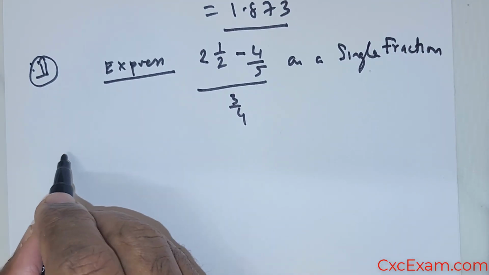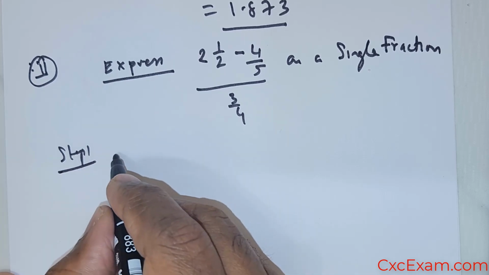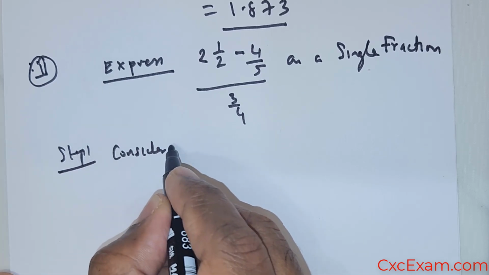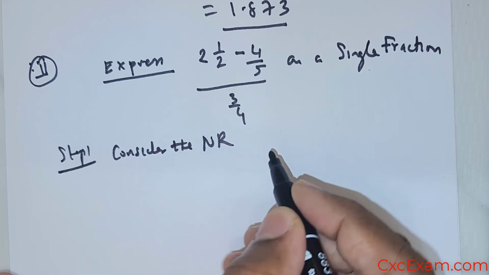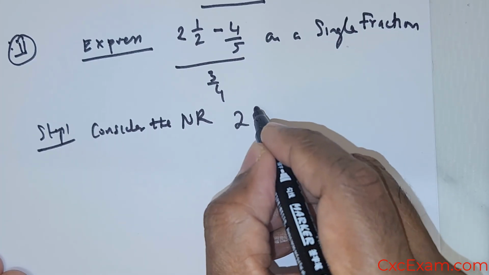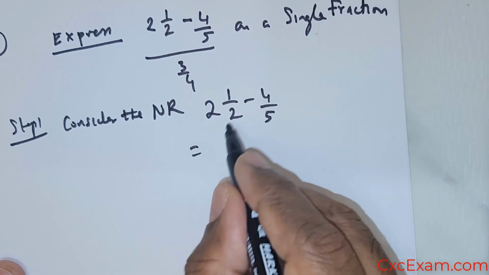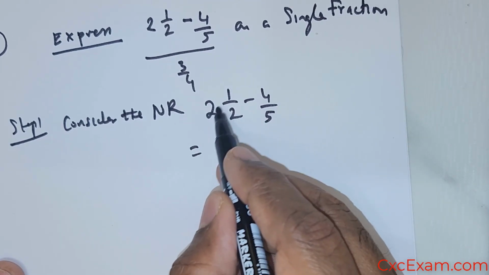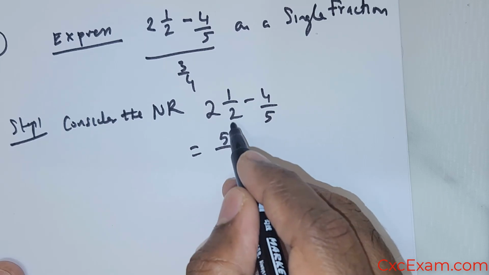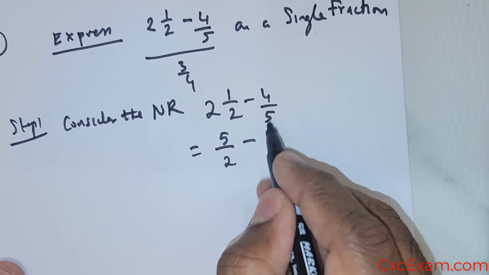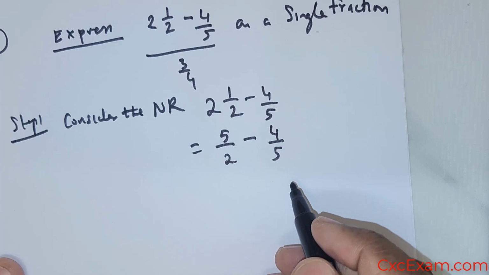Step number 1, I would consider the numerator. So you have 1 over 2 negative 4 over 5. Now 2 times 2 is 4, 4 added with 1 is 5. That has to be divided by 2, followed by 4 over 5.